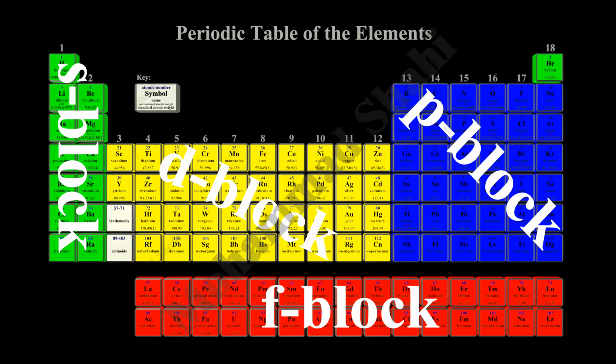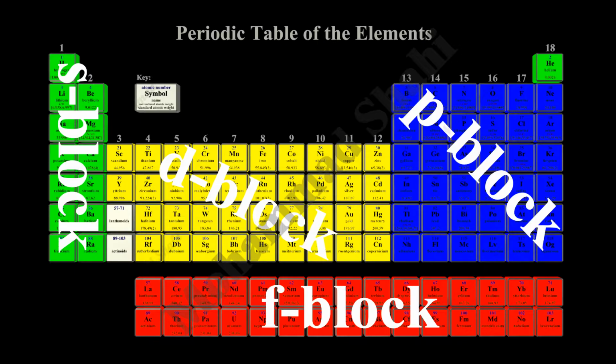The arrangement of the periodic table based on the electronic configuration of atoms leads to formation of 4 blocks, s, p, d, and f, associated with the filling of s, p, d, and f subshells respectively.